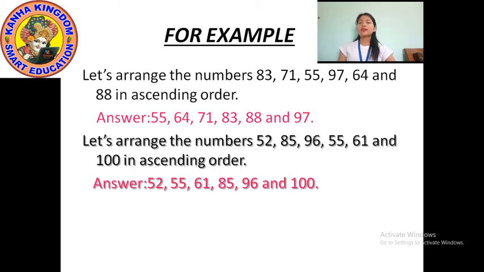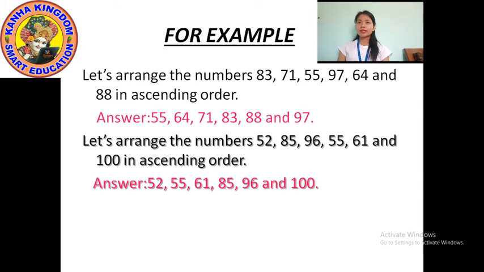Okay, after 71, which number is smallest in 83, 97 and 88? 83, right? The fourth smallest number is 83. In the numbers 83, 71, 55, 97, 64 and 88, the fourth smallest number is 83.